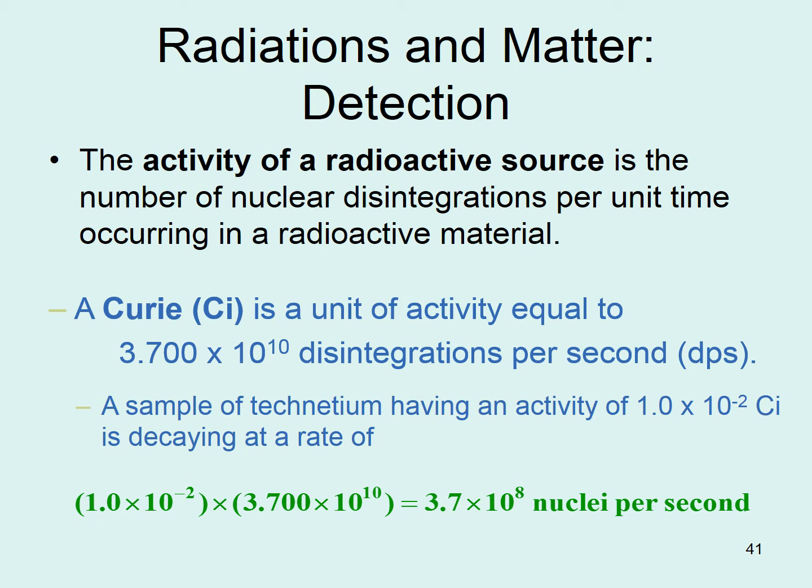So if you have a sample of technetium that has an activity of 1 times 10 to the minus 2 Curie, then you can multiply them, and you find out that there are 3.7 times 10 to the eighth nuclei per second decaying. So it's just a measure, kind of a measure of concentration. It's not going to be critical for you to remember this unit.